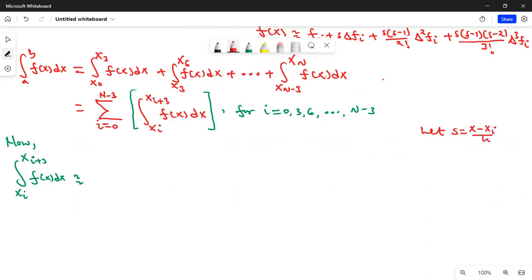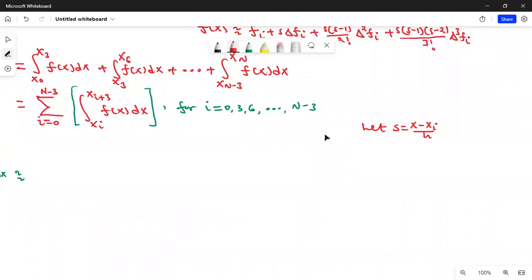So this simply means that if I make x the subject, x is the same as xi plus sh. So what if I differentiate dx ds? What will it give us? From here, you get dx equals h ds.